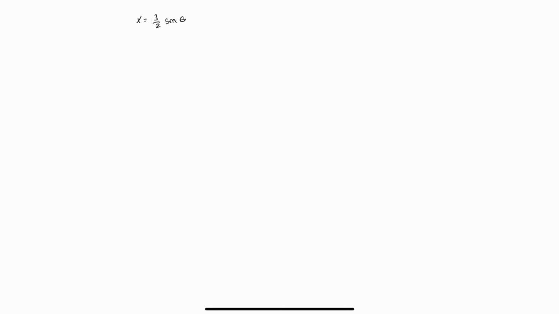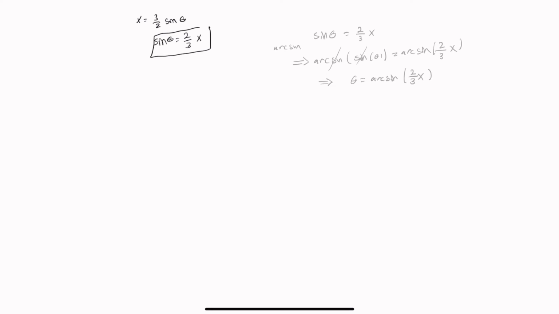So first let's solve for sine of theta. So sine of theta is going to be equal to 2 over 3 multiplied by x. That's the sine of theta. And then from here I can solve for theta. I'm going to take sine inverse, which is arc sine. So that's going to be theta equal to arc sine of 2x over 3.